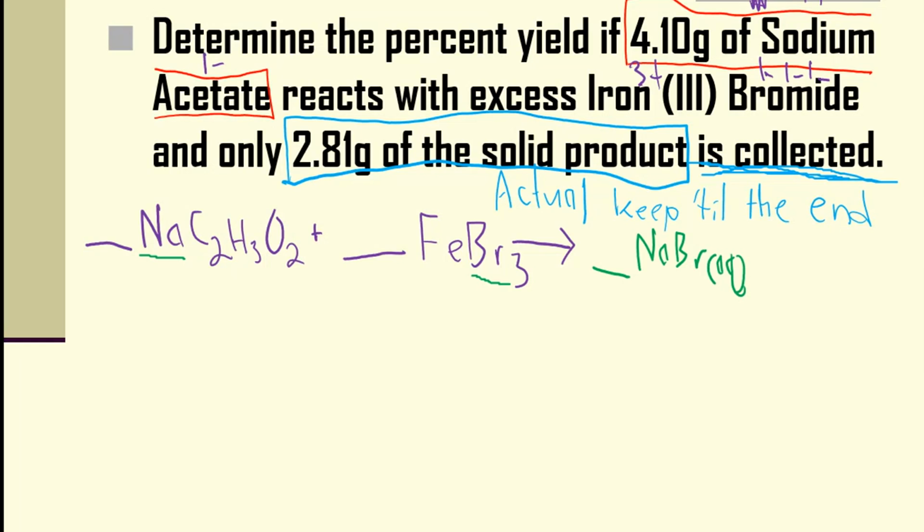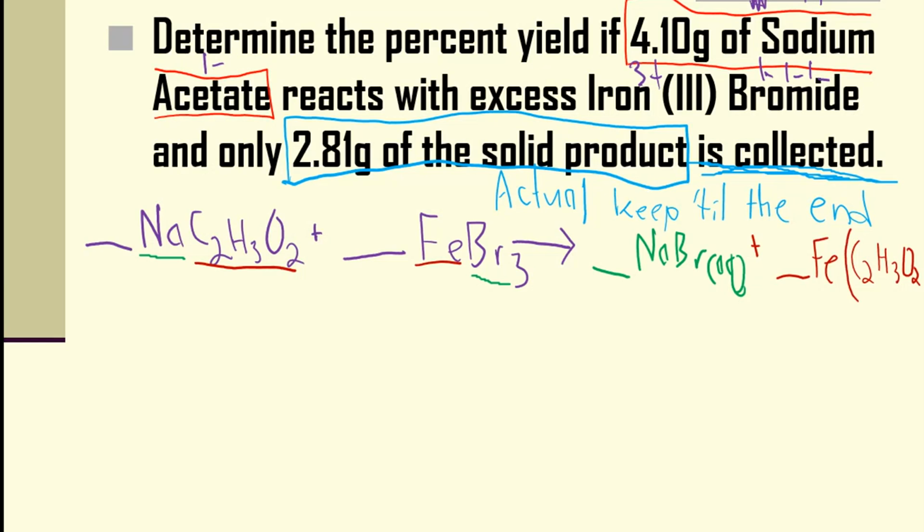And I'm then going to do the second piece. Now, this second piece that I've got here is my acetate being combined with my iron. Now, the iron goes first because it is positively charged. And then I put my acetate, C2H3O2.